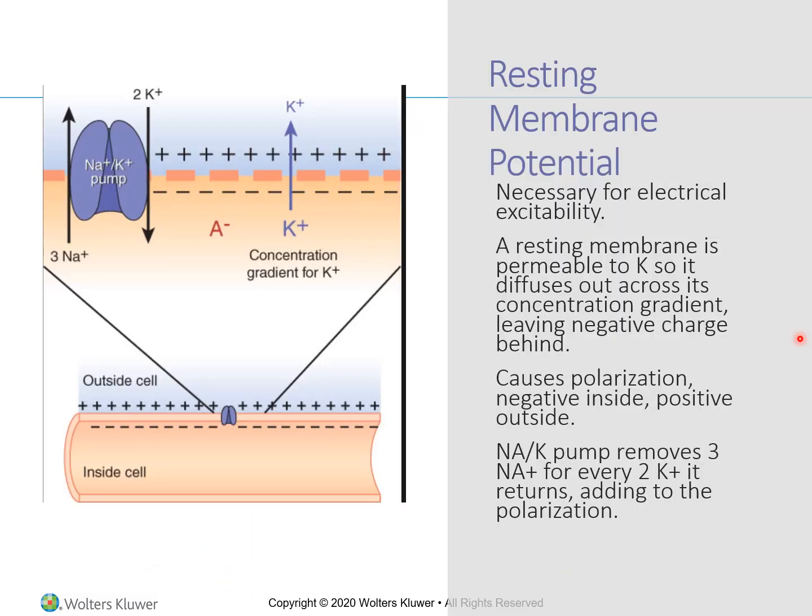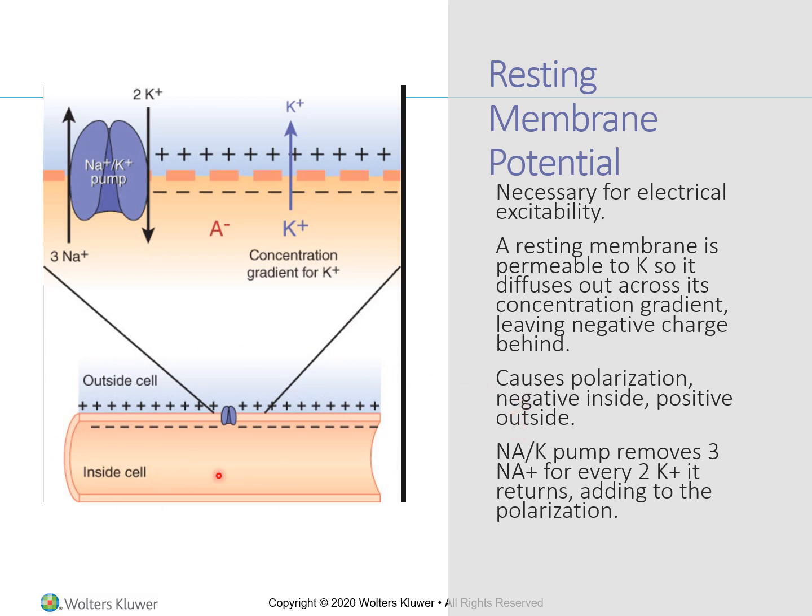So within the body, we have what we refer to as a resting membrane potential. Again, this is necessary for the electrical excitability of our cells. A resting cell membrane is permeable to potassium. So it diffuses out of the cell across its concentration gradient, but as it does this, it leaves behind its negative charge. So in this picture, here's my cell membrane.